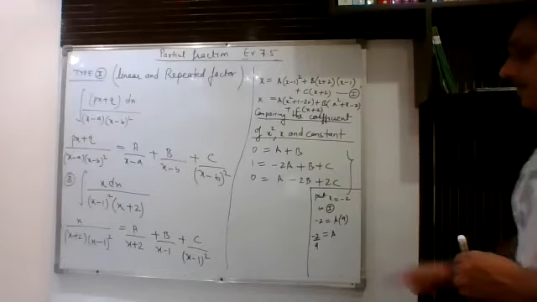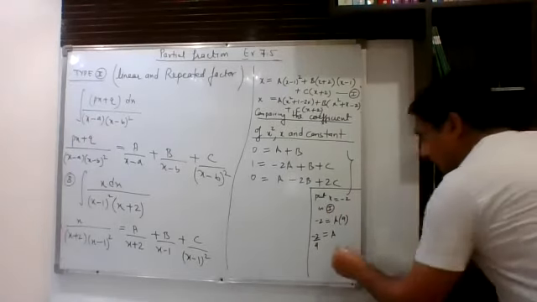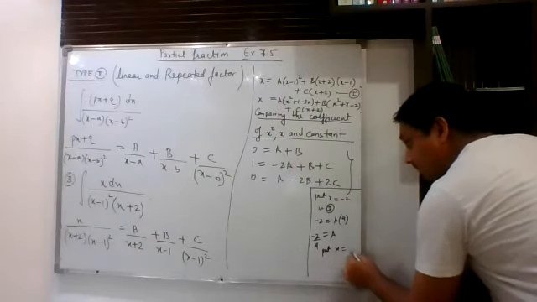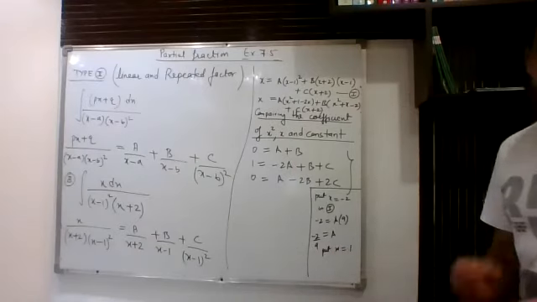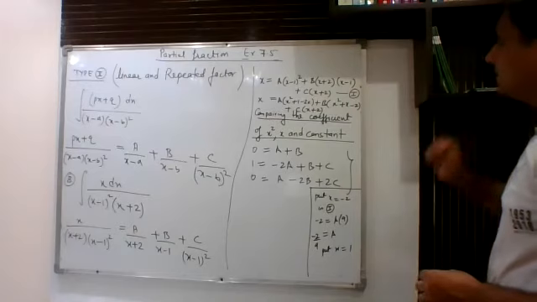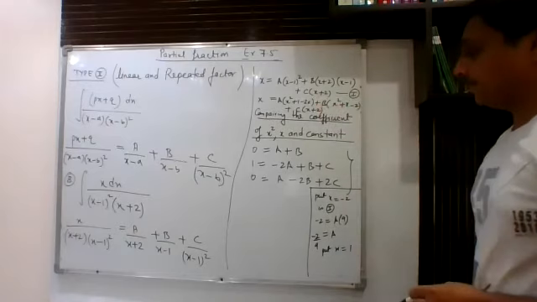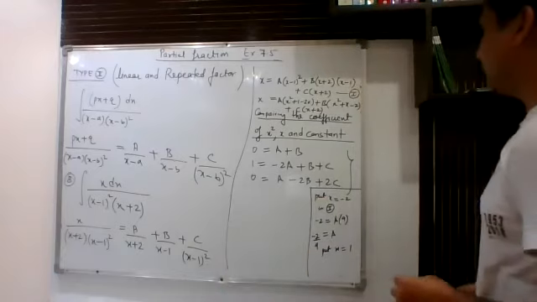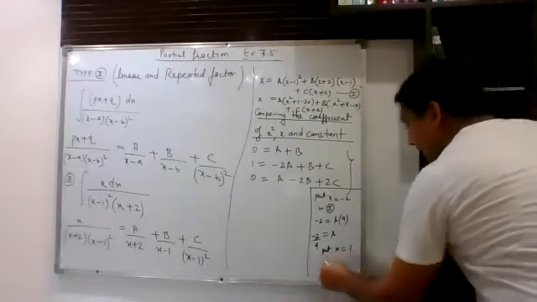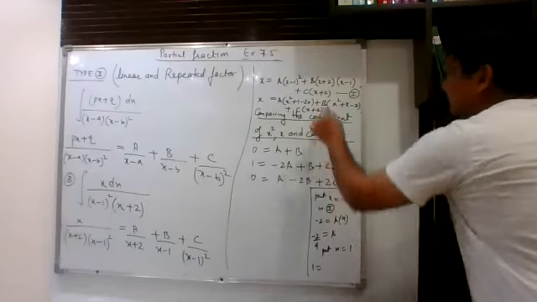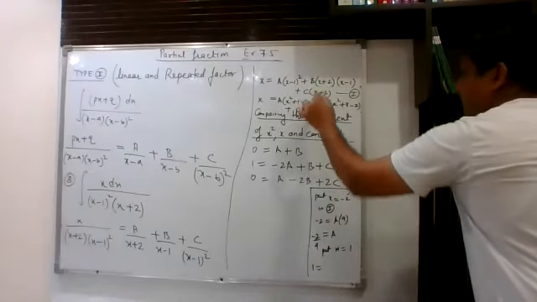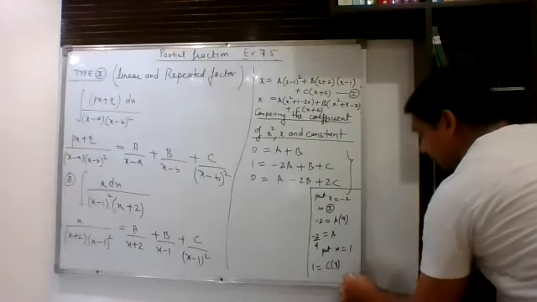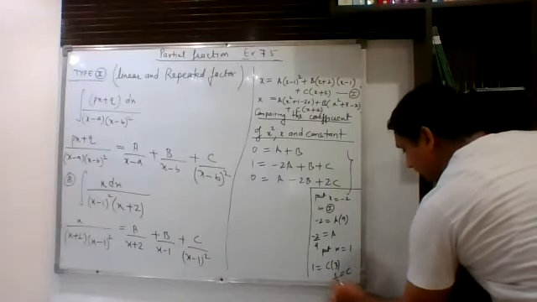Similarly, in order to get the value of b or c, you will say put x is equal to 1. When you put x is equal to 1, you will get the value of c, because the value of the term with the maximum power in the denominator comes out. So c will be equal to 1 by 3.